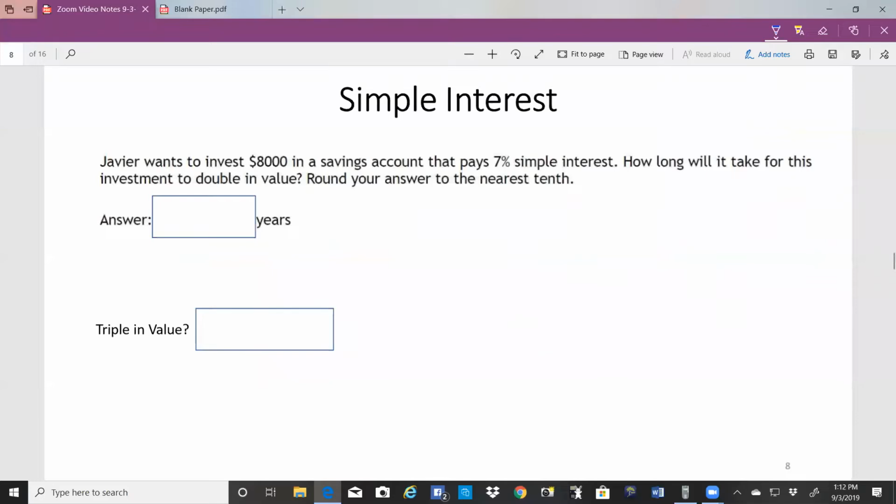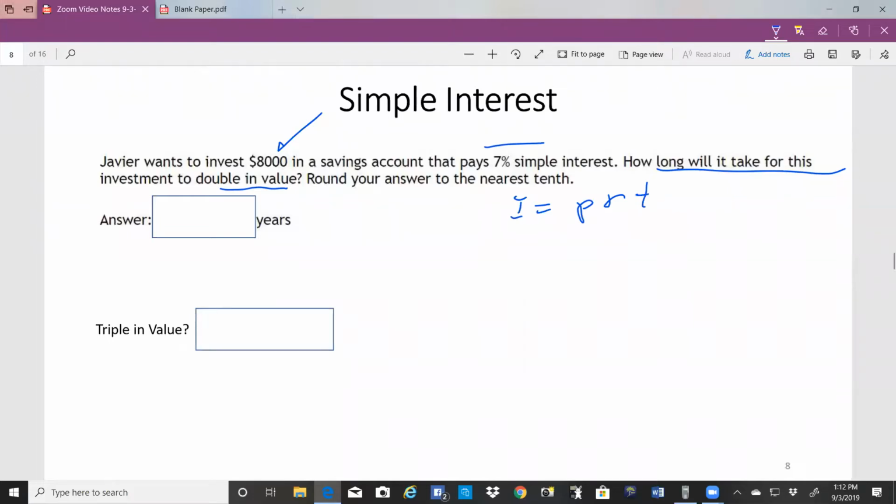Simple interest. I threw in another problem here. One of the problems you had to work on the homework was how long would it take to double the value of your investment? In this case, you're investing $8,000, which pays 7% interest. So you use the formula I equals PRT.